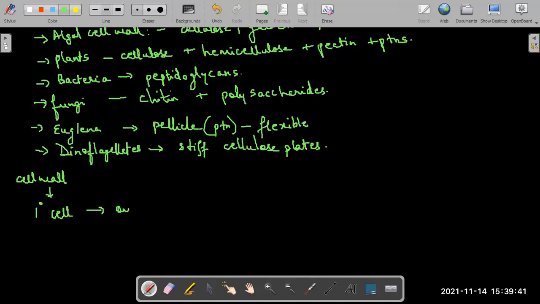This is the outermost layer, elastic in nature. They're made up of cellulose, hemicellulose, pectin. C for cellulose, H for hemicellulose, P for pectin.